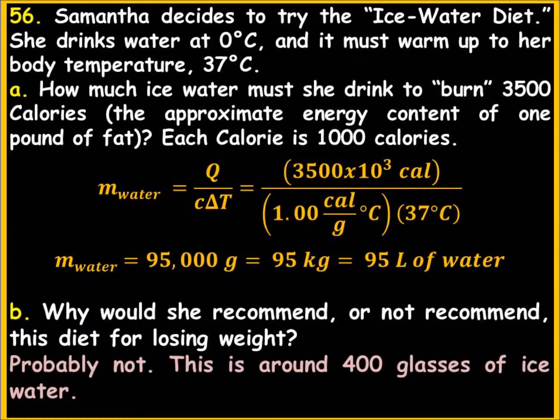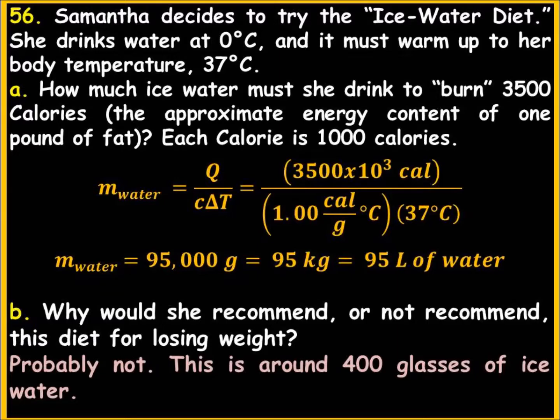And the next problem is Samantha decides to try the ice water diet. She drinks water at 0 degrees Celsius and it must warm up to her body temperature of 37 degrees Celsius. How much ice water must she drink to burn 3,500 calories?